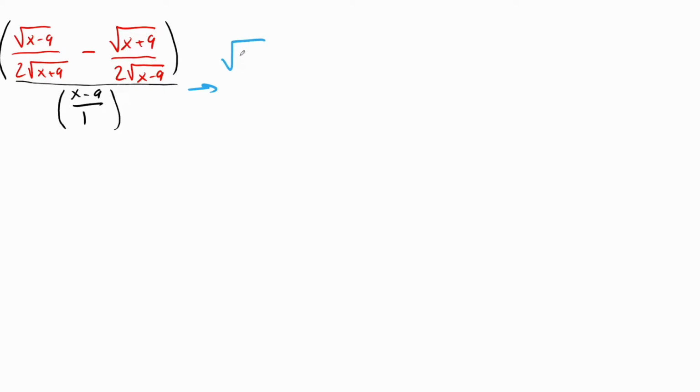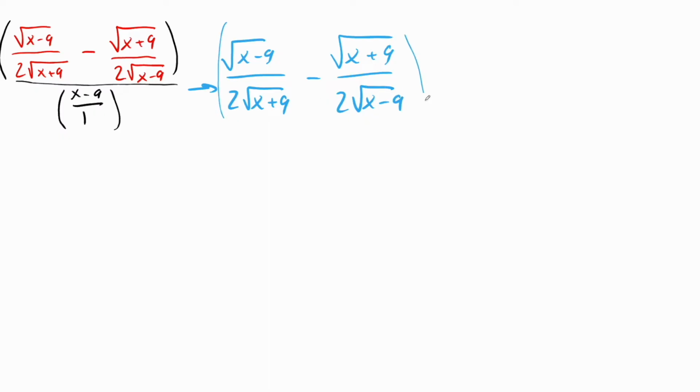So we can have the square root of x - 9 divided by 2 times the square root of x + 9, minus the square root of x + 9 divided by 2 times the square root of x - 9. And then we can put parentheses around it, and then we'll multiply by the reciprocal. We'll do 1 divided by x - 9. And next we can just go ahead and distribute.